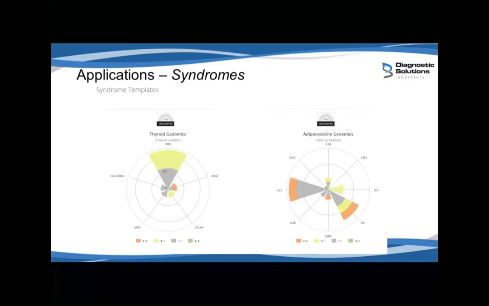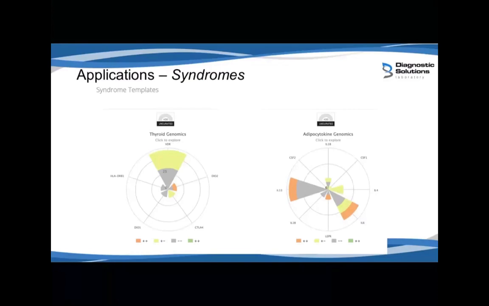Another application we have is called syndromes. Syndromes takes those same genes, and then instead of grouping them onto biochemical maps or listing them by their SNPs, it groups them into possible syndromes that they're related to. For example, the two that I have listed here are thyroid genomics and adipocytokine genomics.